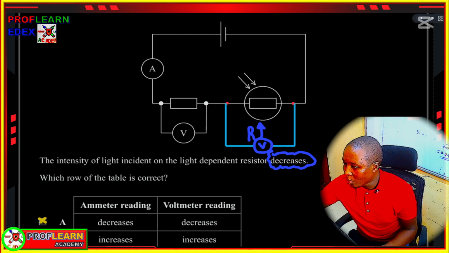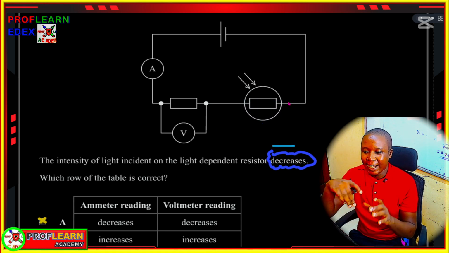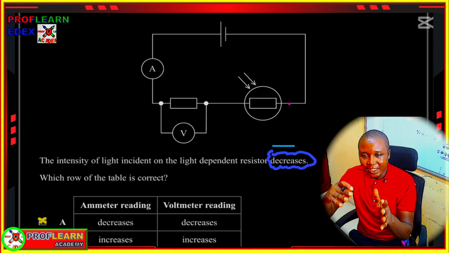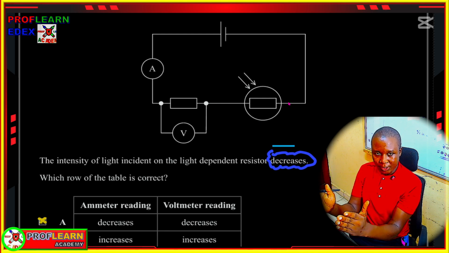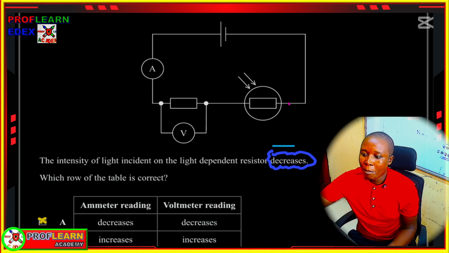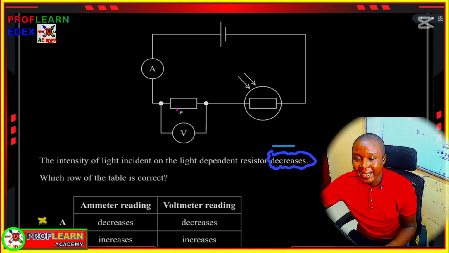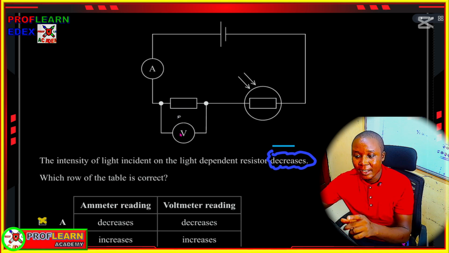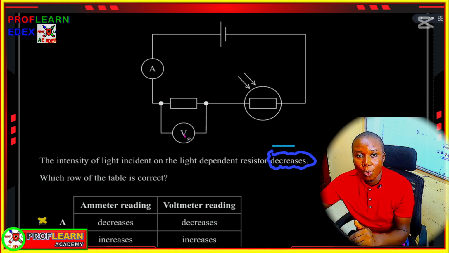So that means, when the resistance of the LDR increases, the potential drop across the LDR will increase, which means there will be less potential drop in the fixed resistor here, then the voltmeter reading will be lower.